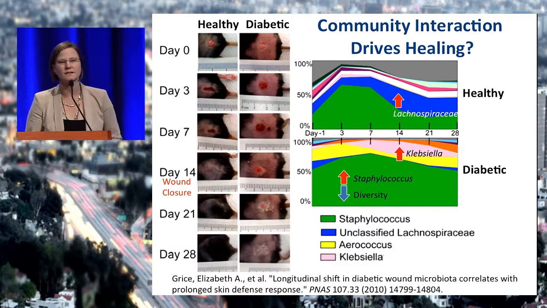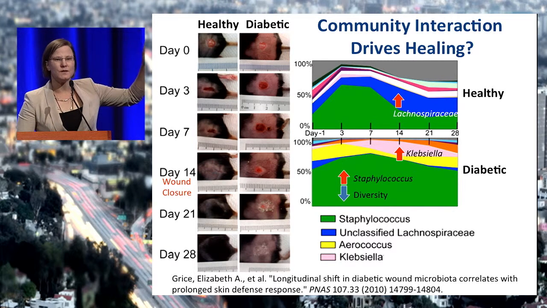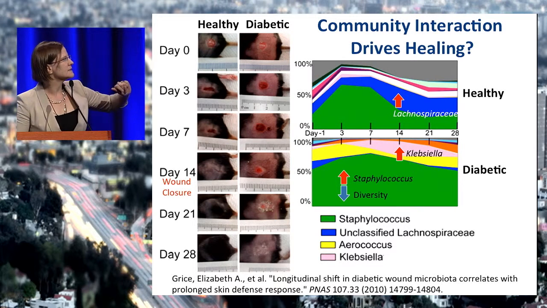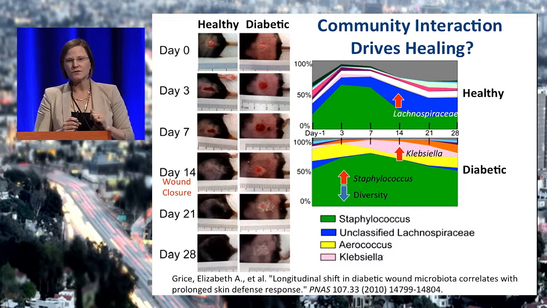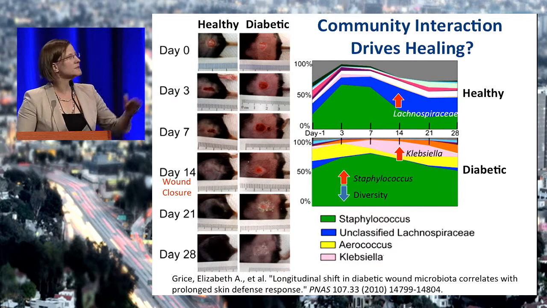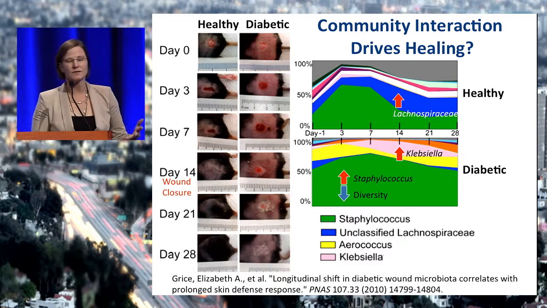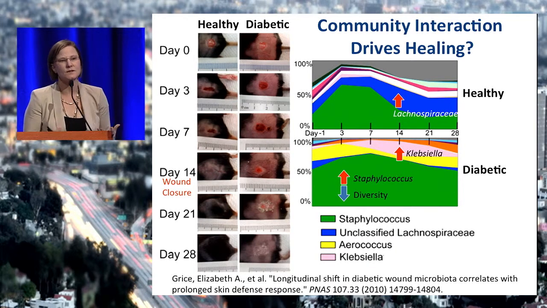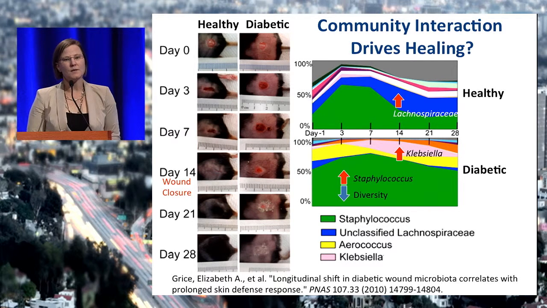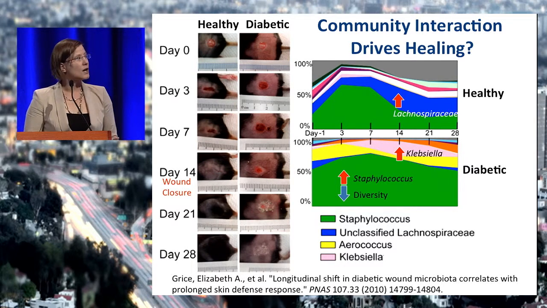One of the things we can see from this mouse study, which looked at differences between healthy mice and mice modeled for type 2 diabetes, is that we have different types of communities in these two mouse models. The first, in the healthy mouse, is more diverse. There are many, many different types of bacteria in those communities, whereas the diabetic mouse has much less diversity and an increase in Staphylococcus.